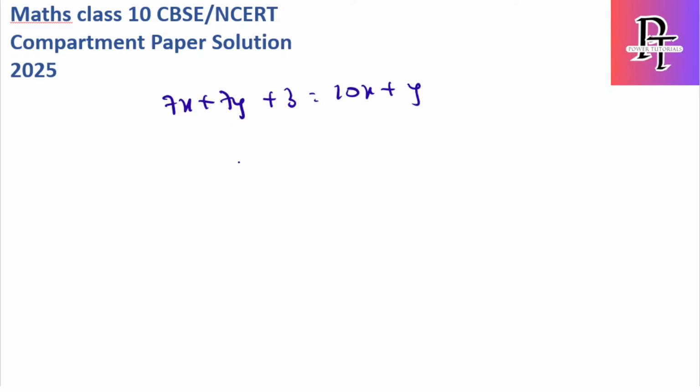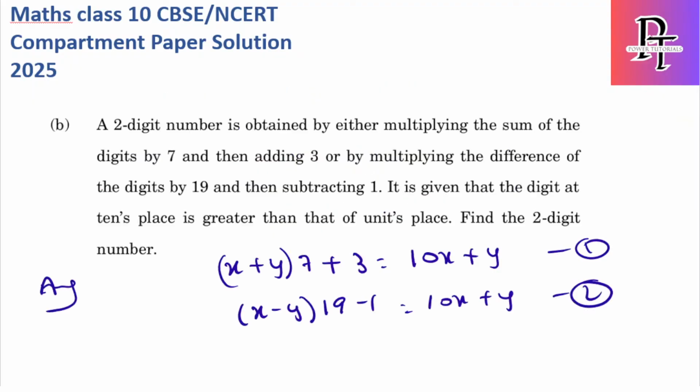If you move everything to the other side, it becomes 3 is equal to 10x minus 7x, which is 3x, and y minus 7y is minus 6y. If I divide by 3, I will get x minus 2y is equal to 1, which is equation 1. Okay, let's do the second equation. 19x minus 19y minus 1.